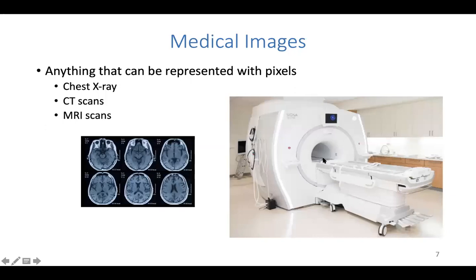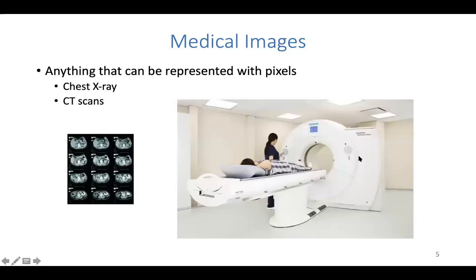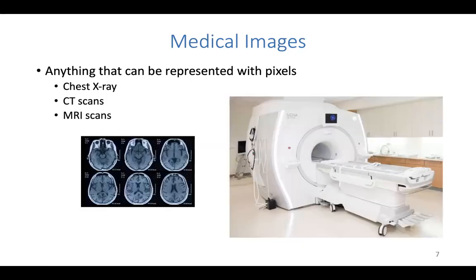But still, you need to lie on this bed, slide through this gigantic machine, and sit really still. Taking a CT scan takes about a couple of minutes, a relatively short amount of time. But taking an MRI scan takes way longer, something like 30 or 40 minutes.